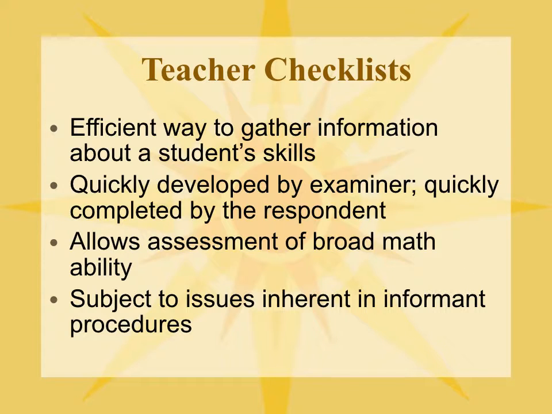Just be aware of the implications that those two things have for high stakes decision making. They're great in harmony with another strategy or with a whole other assessment plan, but these types of strategies on their own would not be sufficient to make high stakes decisions.